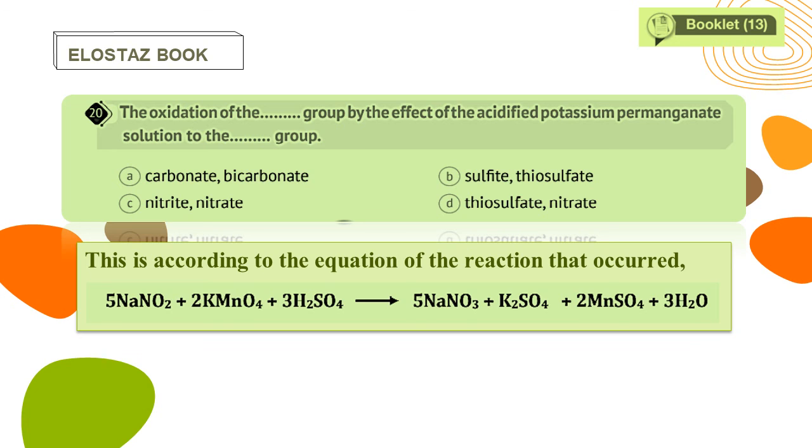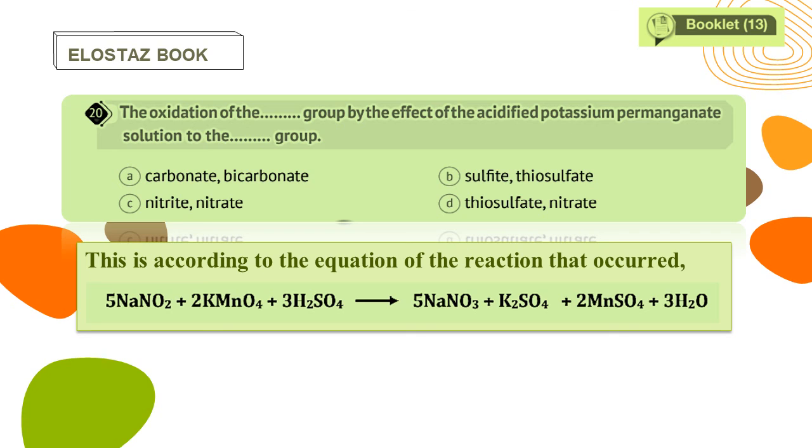Sodium nitrite will be less stable here. According to choices, we have carbonate and bicarbonate, one stronger and this less stable. We have sulfite and thiosulfate, the same. Thiosulfate and nitrate, the same.